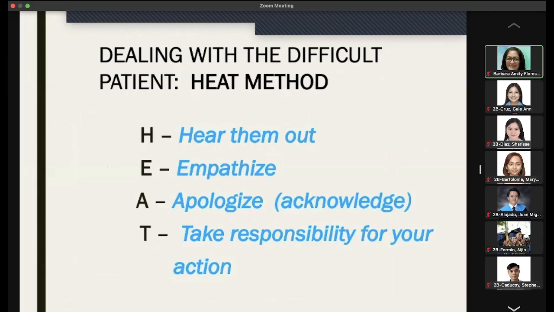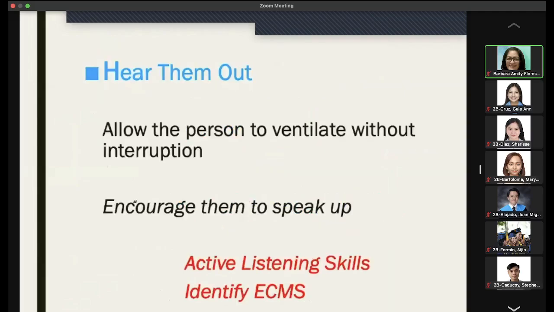Once you know what's going on, so they've actually already started talking about what is wrong, then of course what you should do next is to listen to what they have to say. So hear them out. While hearing them out, you're allowing the person to ventilate.